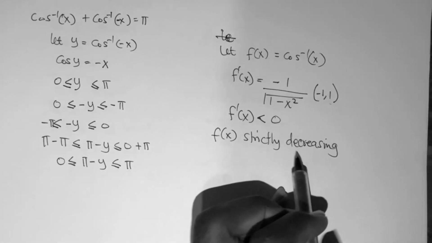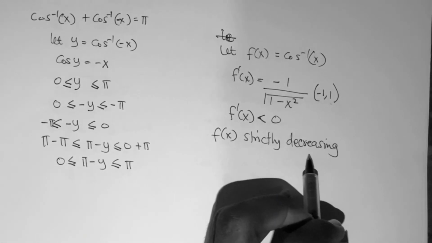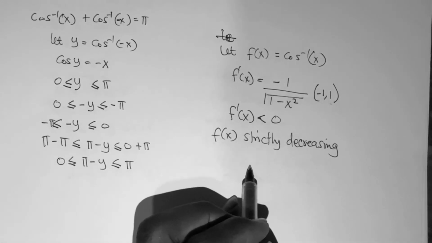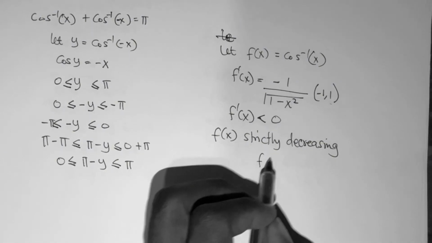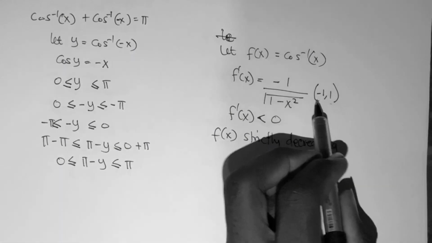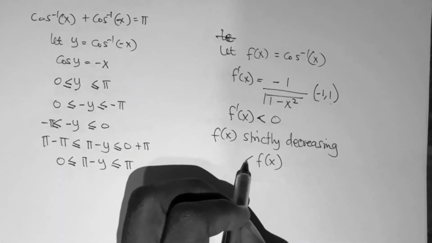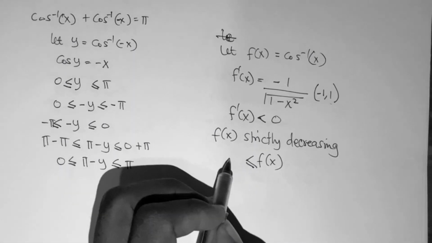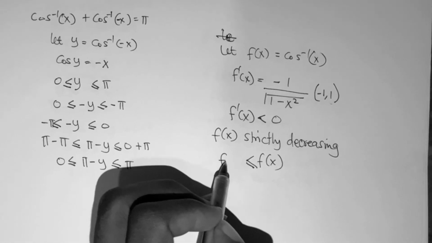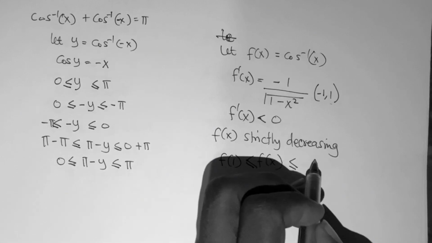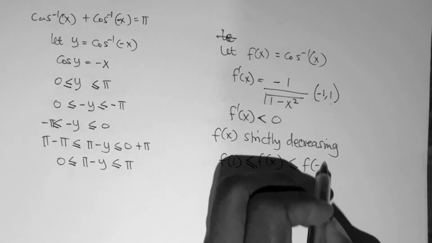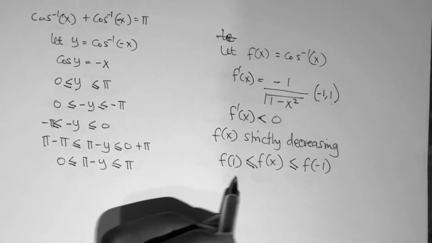And what is a decreasing function? A decreasing function means that the image of the smaller value is bigger than the image of the bigger value. Therefore, f of x within this closed interval is greater or equal to f of 1 but less than or equal to f of minus 1. F of x is the cos inverse function.